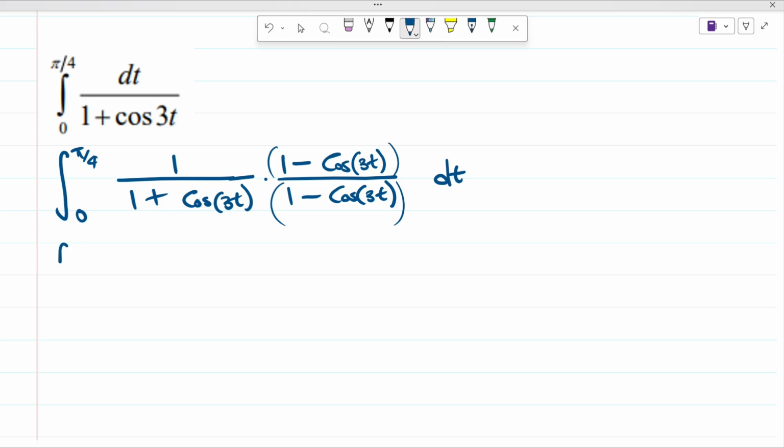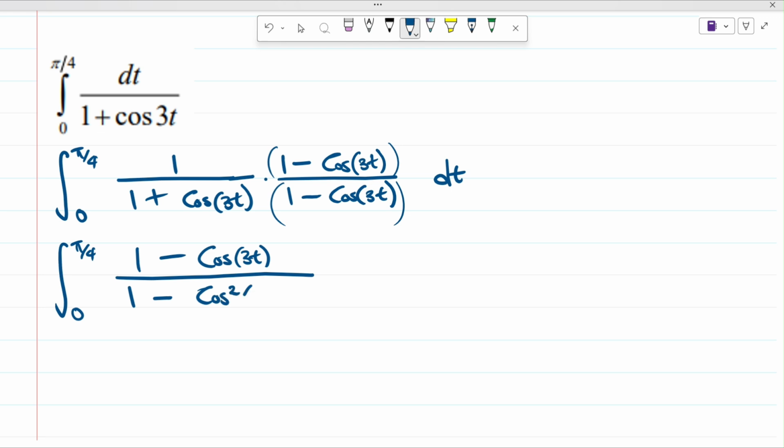So we end up with the integral from 0 to pi over 4 of 1 minus cos of 3t divided by 1 minus cos squared of 3t dt, just like that.